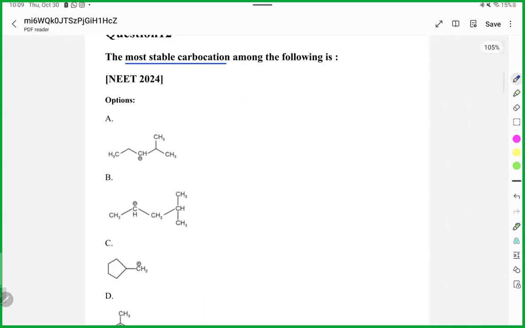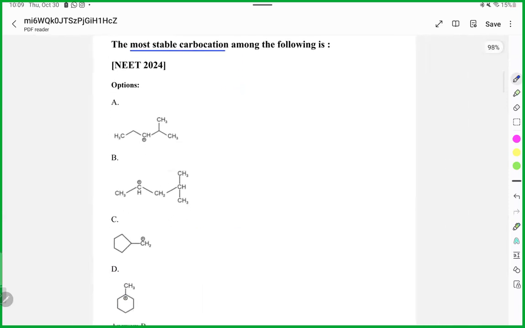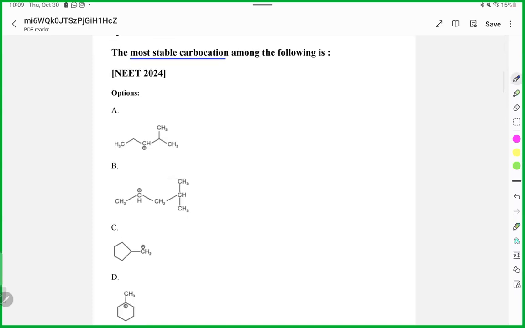Pratigya, last one. Most stable carbocation: an electron donating group will increase stability of the carbocation, or even plus hyperconjugation effect will increase stability.